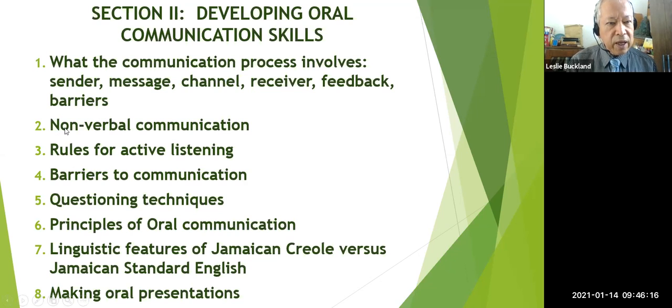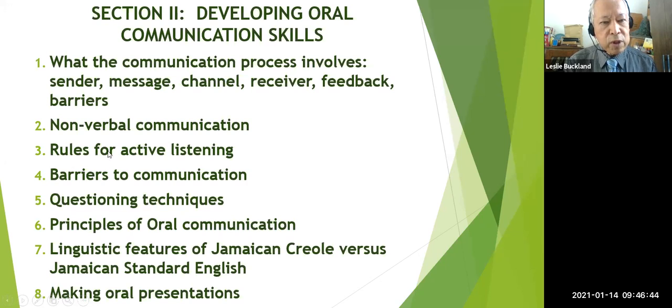We'll also be looking during the duration of the year at nonverbal communication. Now, verbal is what you say. Nonverbal is what you don't say with your mouth, but what you say with your eyes, or with the way you dress, or with your gestures, or with the way that you move your body.